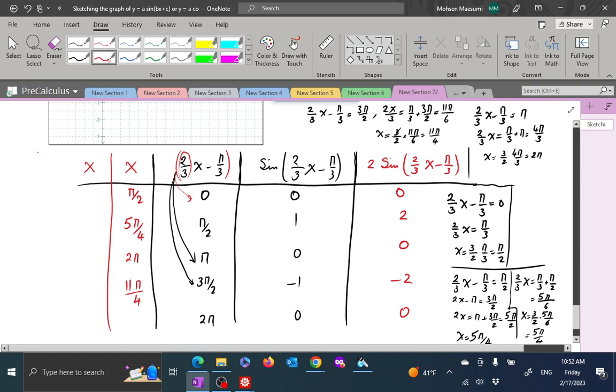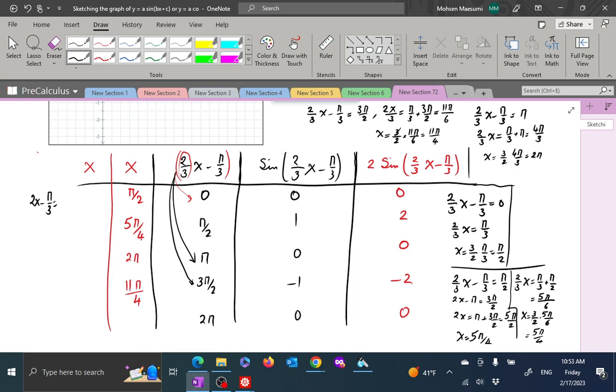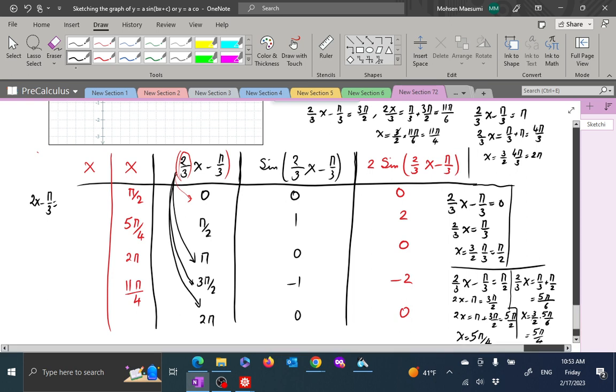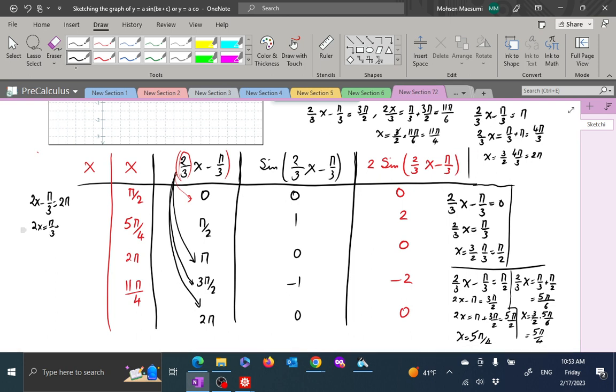Notice, much larger than what we are used to. One more, and let me do it here. So I'll have 2/3 x minus pi third at the final straw. This is 2 pi. So 2/3 x is equal to pi third plus 2 pi.